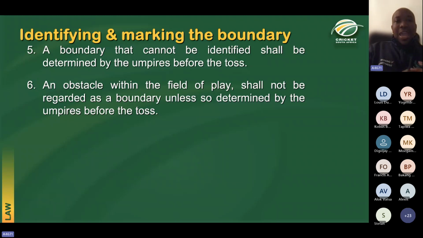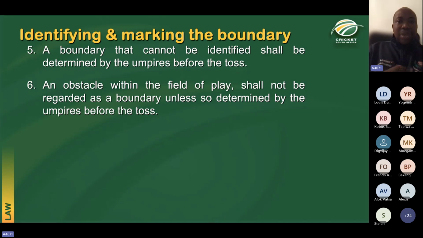So if you have a set of rugby poles 5 meters inside of the boundary rope, there will be a custom at that field as to what the decision is if the ball hits the rugby poles on the full as well as on the bounce or rolling along the ground.